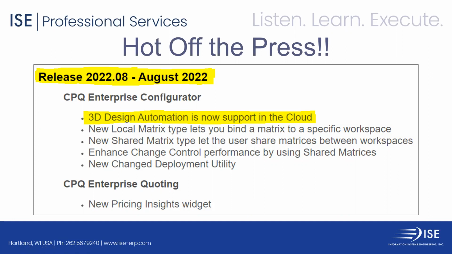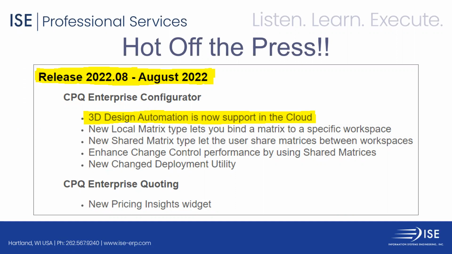Again, that's what we normally think of as the configurator tool, but in Cloud CPQ, it's actually called CPQ EC. And that's the configurator tool that you invoke to do a configuration. And notice the 5 bullet points, all 5 of them are great news, but the top one is of immediate concern to us. 3D design automation is now supported in the cloud, okay?